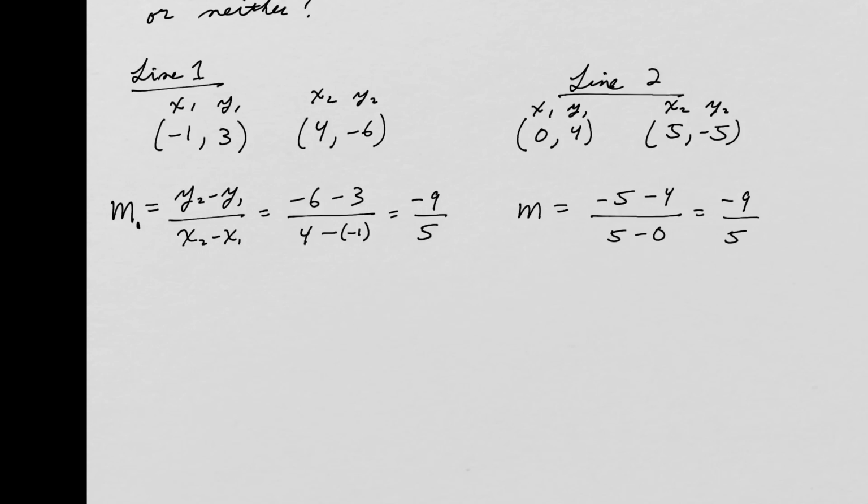Let me call this m1, and this is m2, so slope for line 1, slope for line 2. Now, just by that information, what can we tell? Well, the slopes are equal, so these lines are parallel. Now, they could really be the same line too.